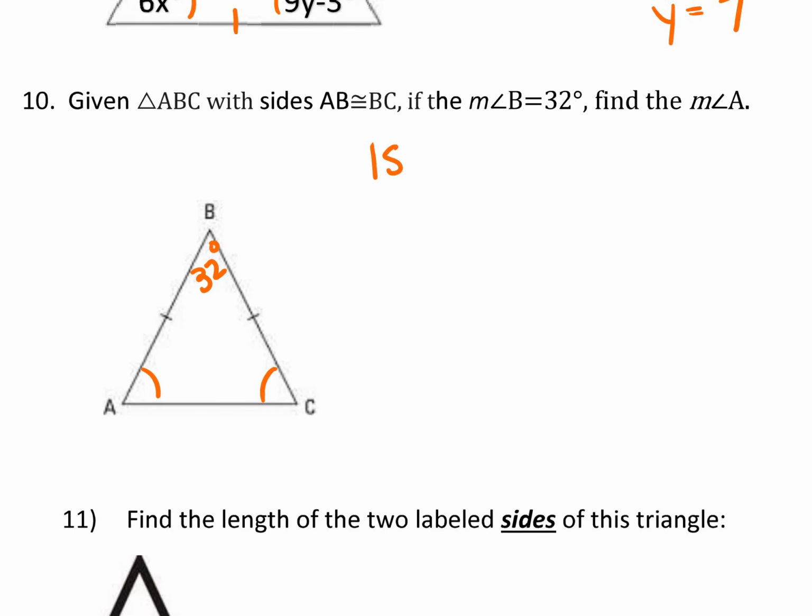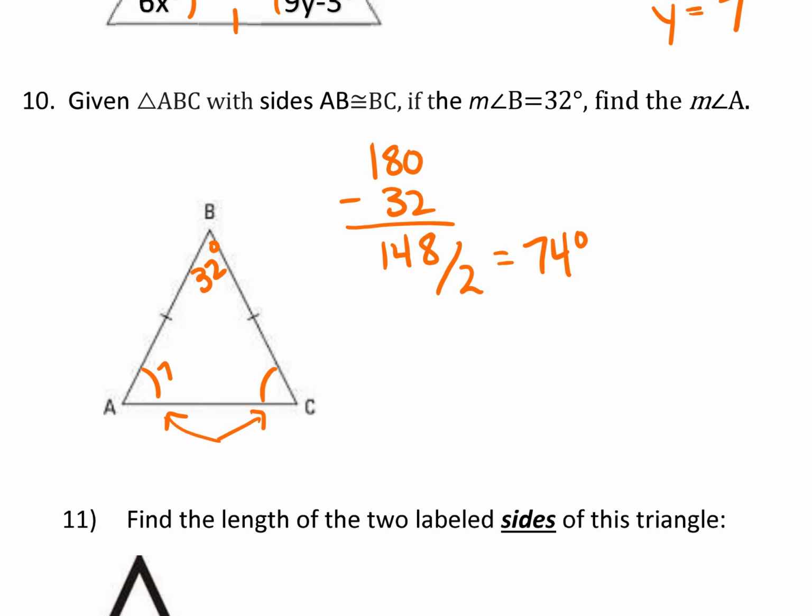So 180 minus the 32 gives us 148. That means I have 148 degrees to split between these two angles. Okay, so I'm going to split it in half and give 74 degrees to this side, 74 to this side, and we needed to solve for angle A.